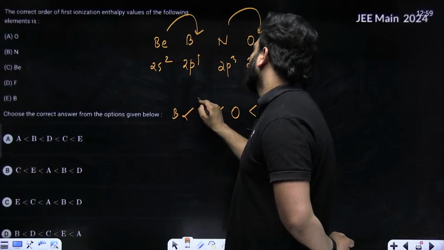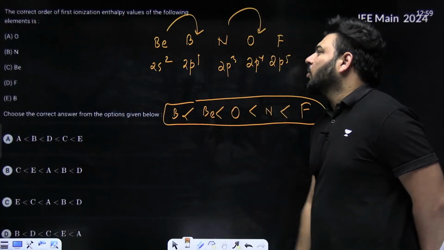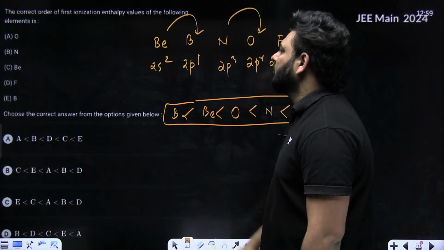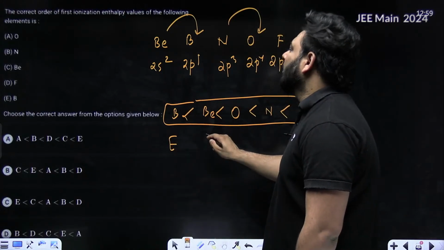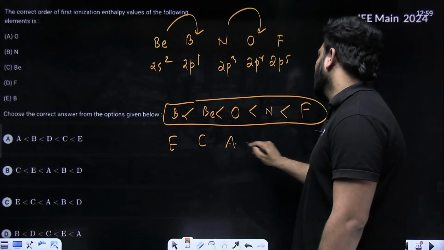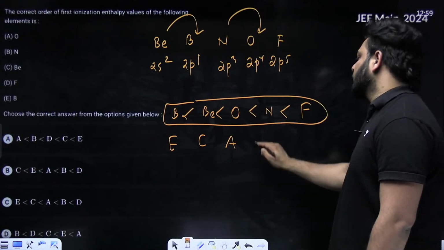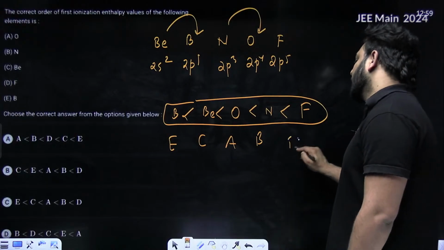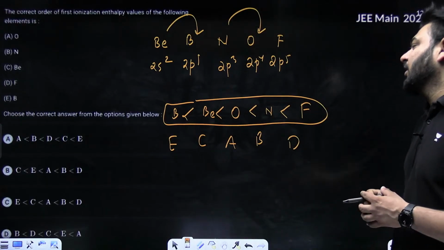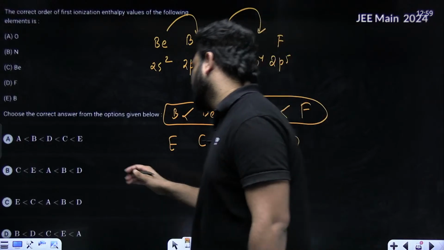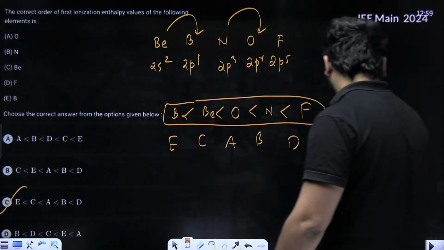This is E, beryllium is C, oxygen is A, nitrogen is B, and fluorine is D. So DBACE, DBACE. This is correct. C.